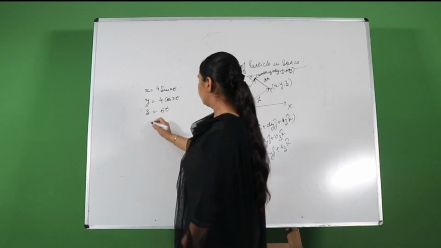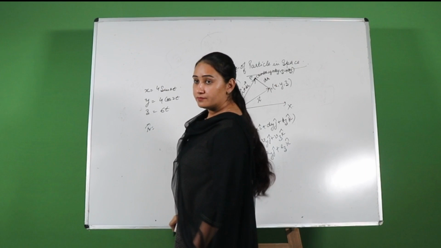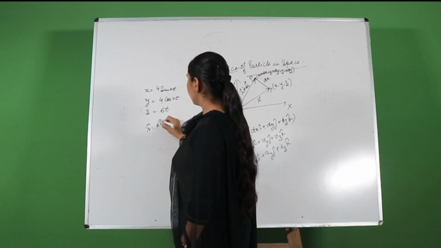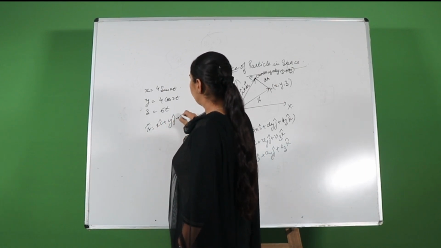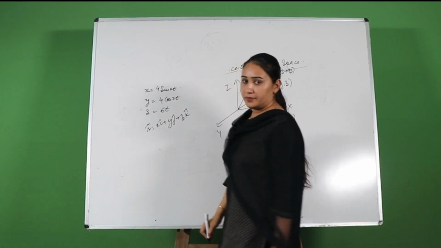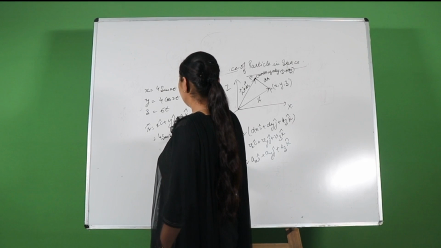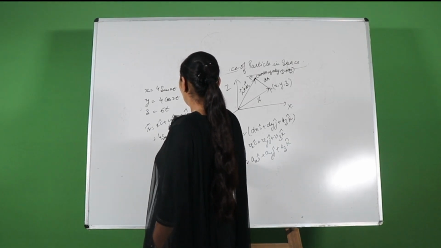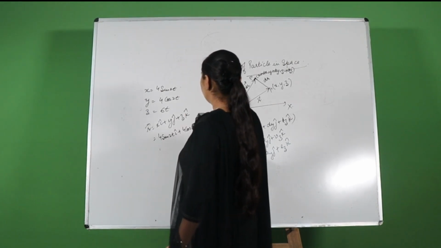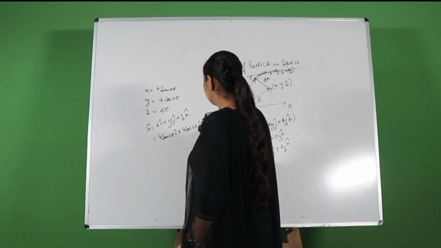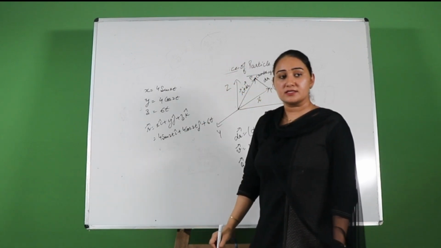So first of all, what will be r? Position. It will be x I cap, y j cap, z k cap. So it will be 4 sine 2t I cap, 4 cos 2t j cap and the third one is 60.